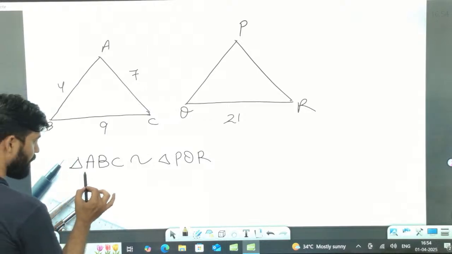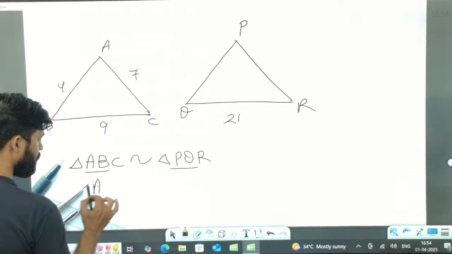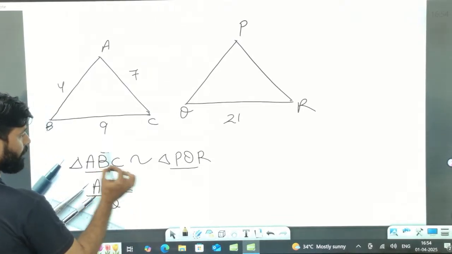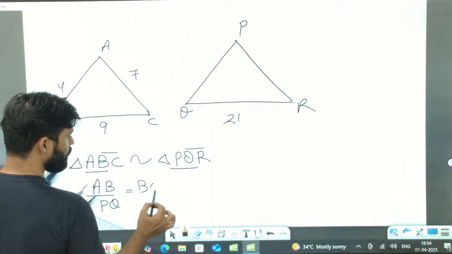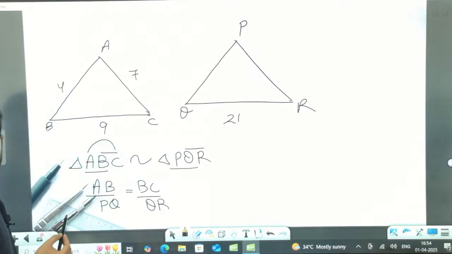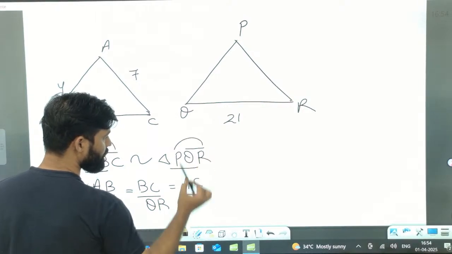Like I can take these two sides, so AB upon PQ. Then I can take these two sides, BC upon QR, and then the two extreme sides AC, and here we have the extreme sides.